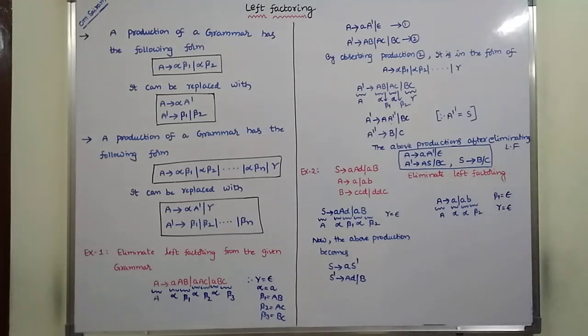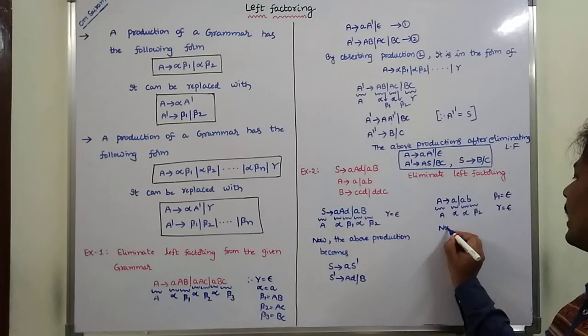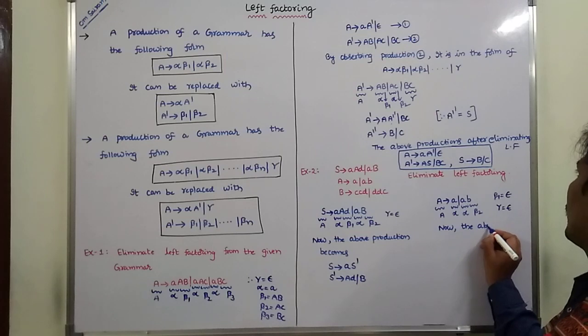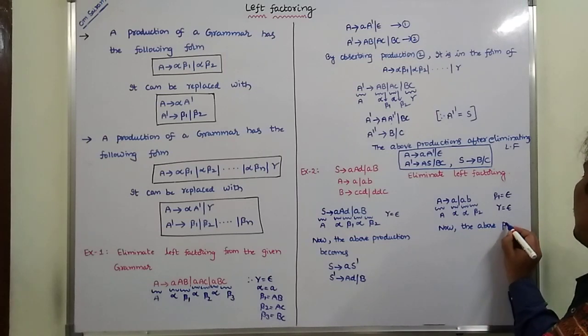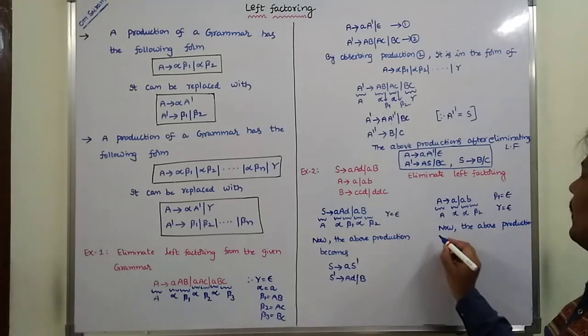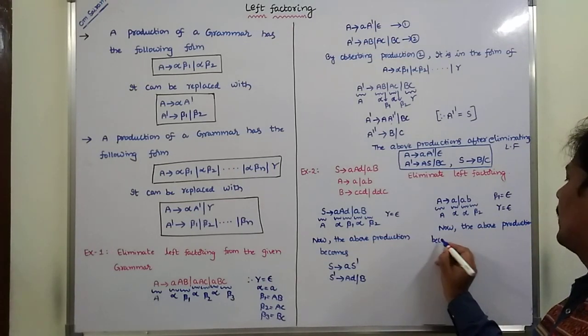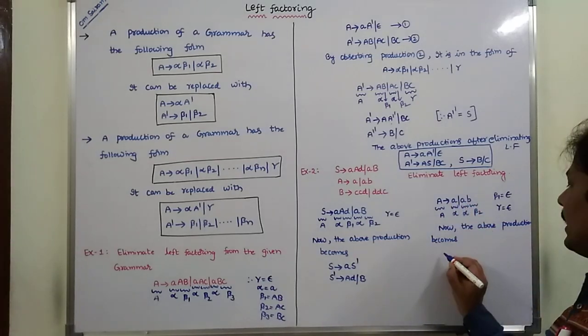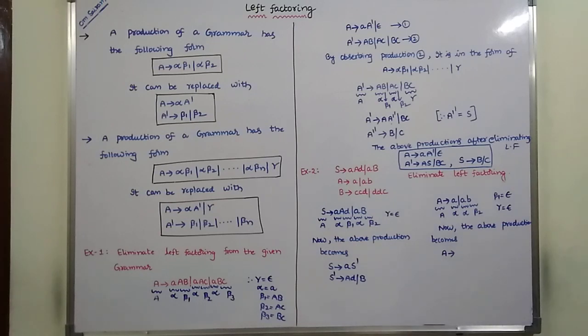So now the above production becomes A tends to alpha A dash.